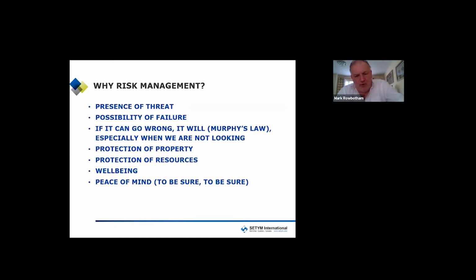Therefore, protection of property, and I don't just mean buildings or houses, our homes, for example. I'm referring to anything which we own. It could be a car, it could be domestic appliances, anything that we see as personal goods, anything that we see that belongs to us, because it still has problems potentially, and we need to protect it and make sure that it is not going to come to any harm.